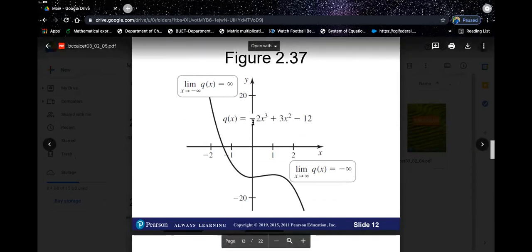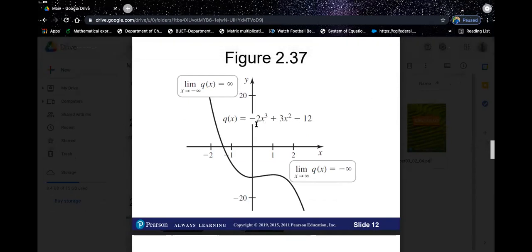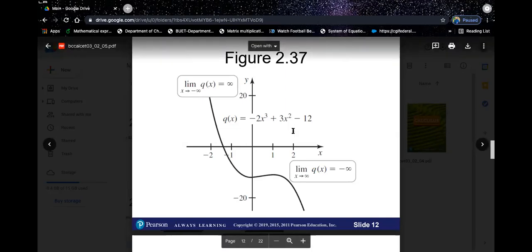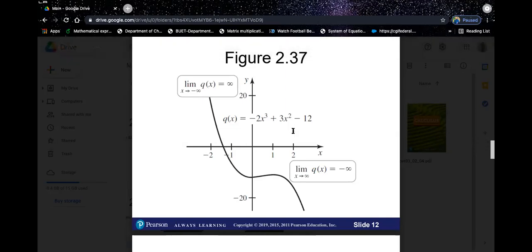Any polynomial has a graph like this. By this, I don't mean this shape. I mean there is no hole for any x. So no polynomial has a hole for any value of x.